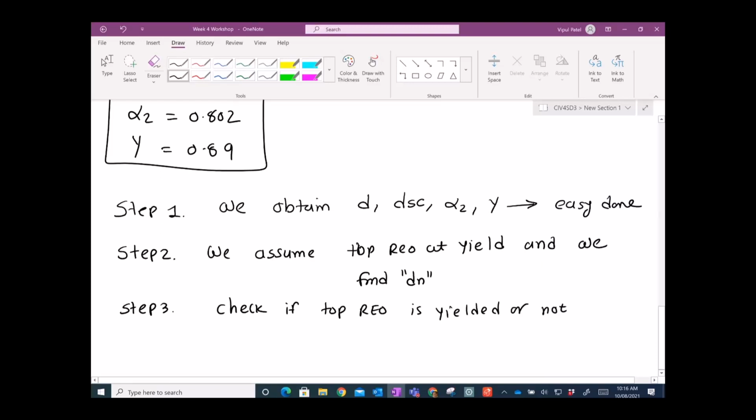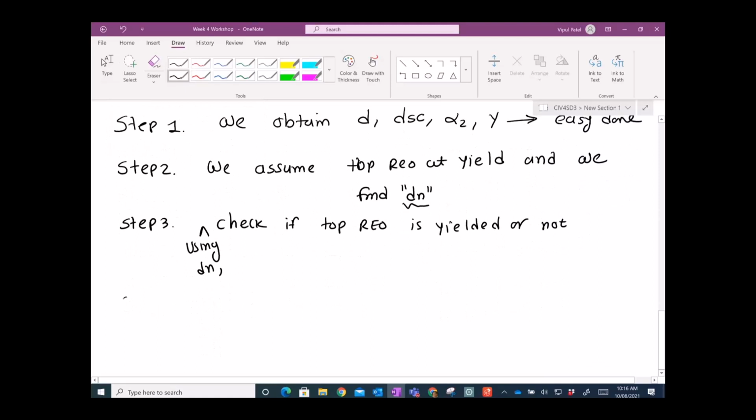After finding DN, using this DN, we're going to check whether the top steel is yielded or not, because we have this assumption. Now if it is not yielded, basically it will not yield because it's very close to the DN value.